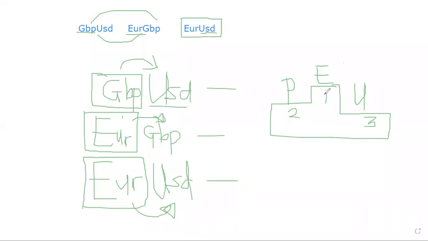Because euro and the US dollar are not mates. There is still a commodity in between them. So if they were to race together, euro is going to gap dollar so far.